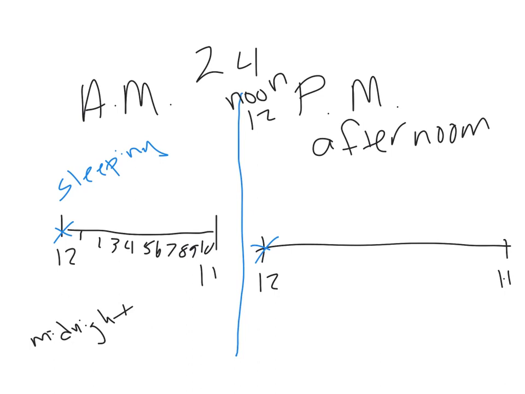While 12 in the afternoon, I would probably be eating lunch. While 8 o'clock in the morning is completely different than 8 o'clock at night. At 8 o'clock in the morning, I'm probably going to have breakfast. Well, 8 o'clock at night, I'm getting ready to go to bed. So these different times have different activities that we do with them.